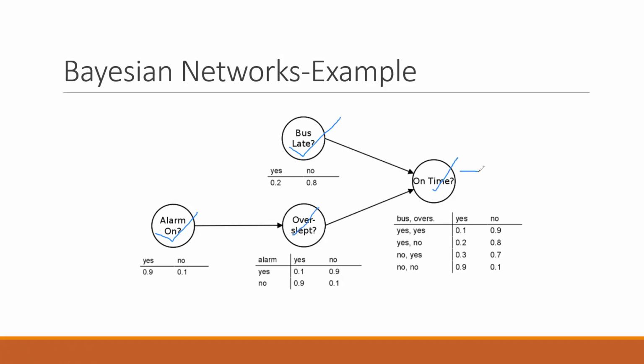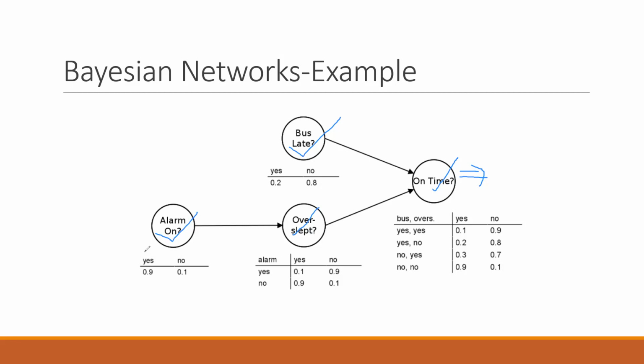This last one is the final event for which we have to calculate the probability. This is a directed acyclic graph. Why is it directed? Because every node has a specific direction. And why is it acyclic? Because there is no cycle in the graph.